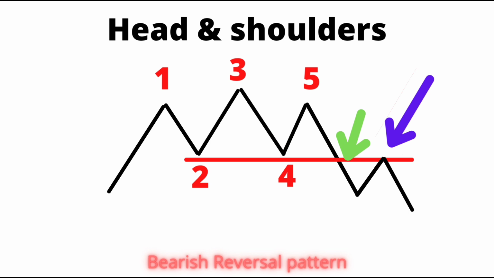So in summary, there are mainly two ways of entering a trade using the head and shoulders pattern. You can wait for price to close below the neckline and use that to trigger a trade, which is more dangerous, or you can wait for price to close below the neckline and come back to retest it, also observing how price reacts as it reaches the neckline.